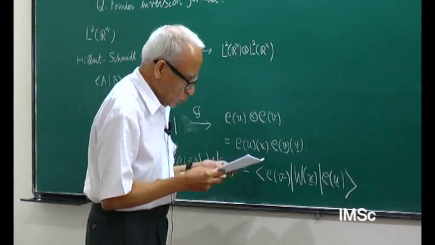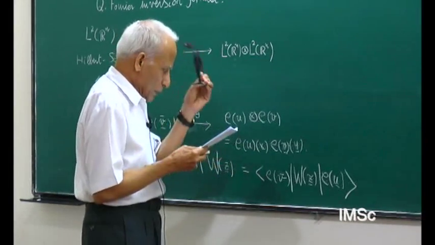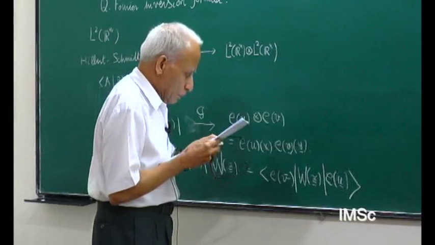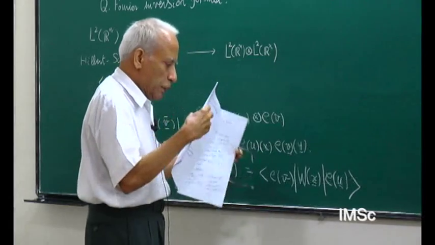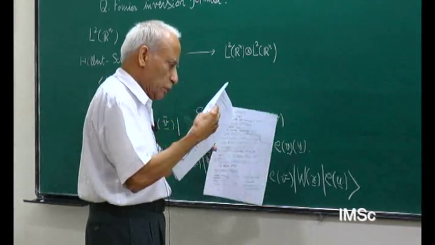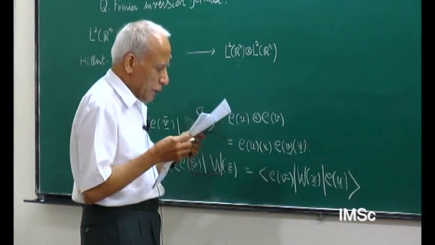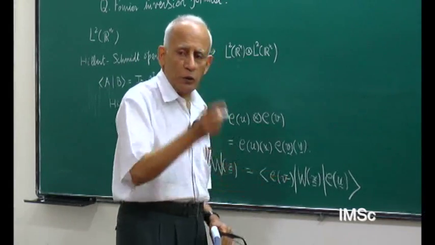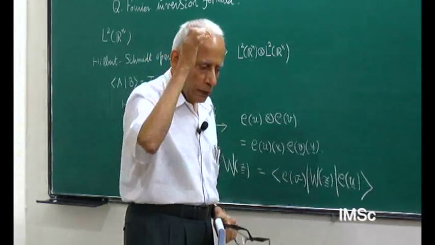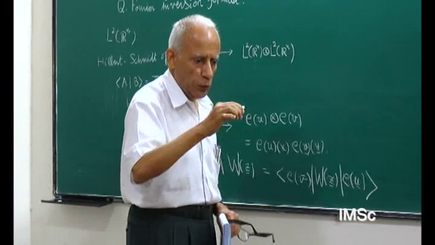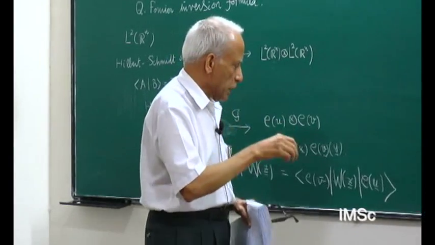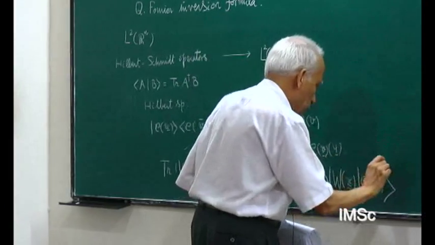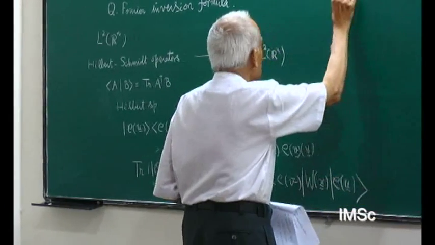And if you do some algebra with this, by using the definition of W_z, it turns out to be equal to something. And you also recall the definition of the exponential vector in L2 R^n as I did in the last lecture, and then you simply compute. That is an interesting exercise.